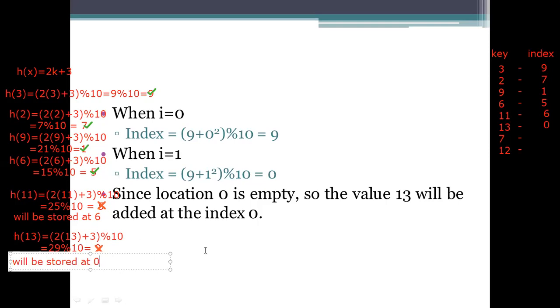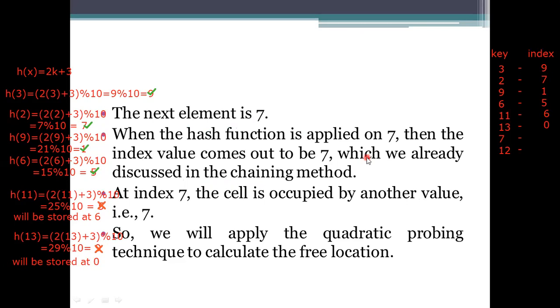Okay, and coming to the next one. What is the next value left here? 7. So see, 7 is having a value or not.